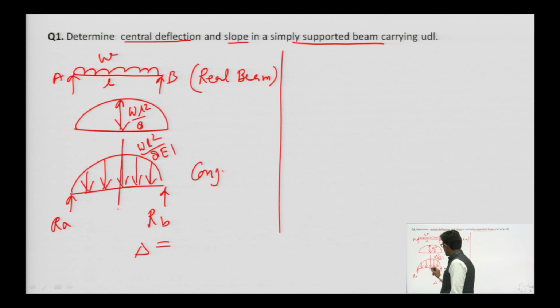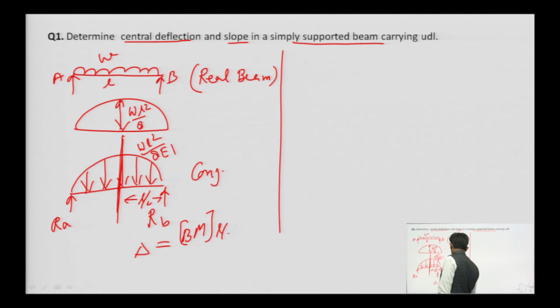Delta will be the bending moment at x equal to L by 2. And what will be its value? Its value will be R B into L by 2 minus the load of this area.